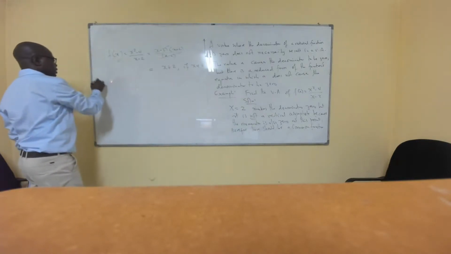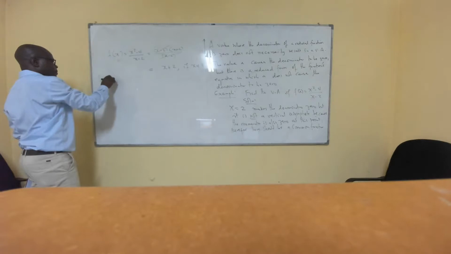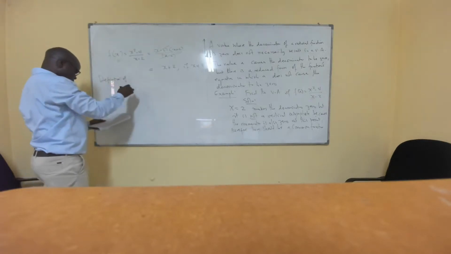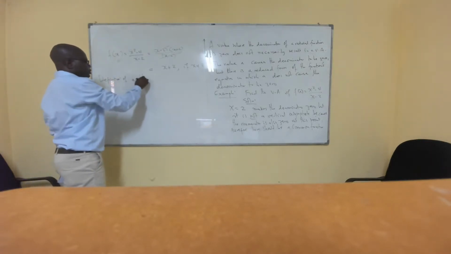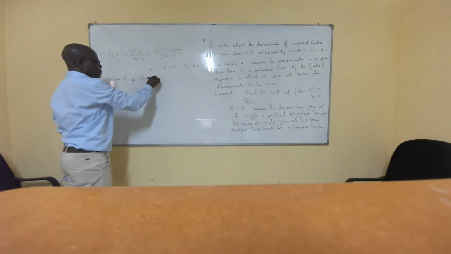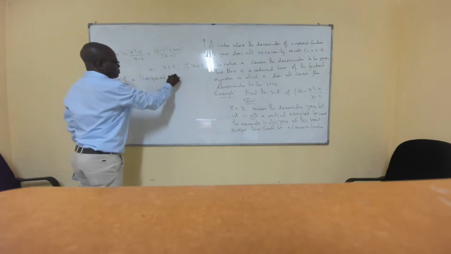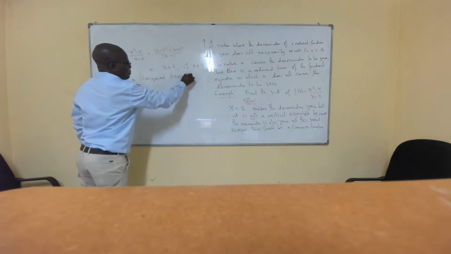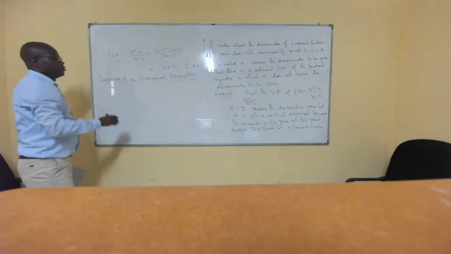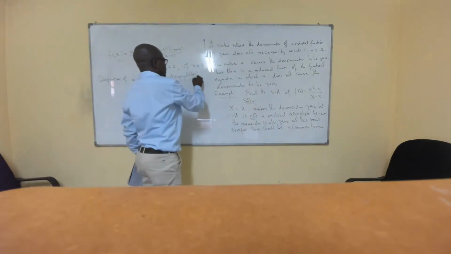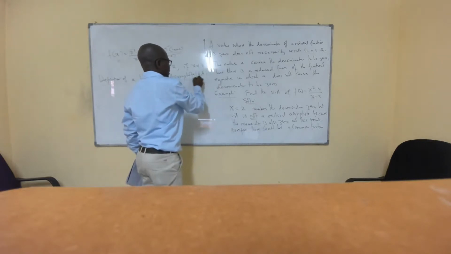So let's look at the definition of a horizontal asymptote. From now onwards, we'll denote it by HA.